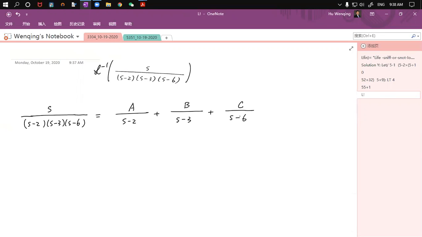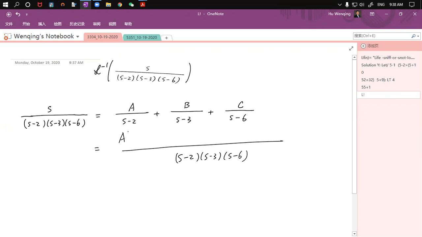That results in quite a lot of calculation, which is typical on your exams, so you have to be very patient. Basically, s is equal to A times s minus 3, s minus 6, plus B times s minus 2, s minus 6, plus C times s minus 2, s minus 3.